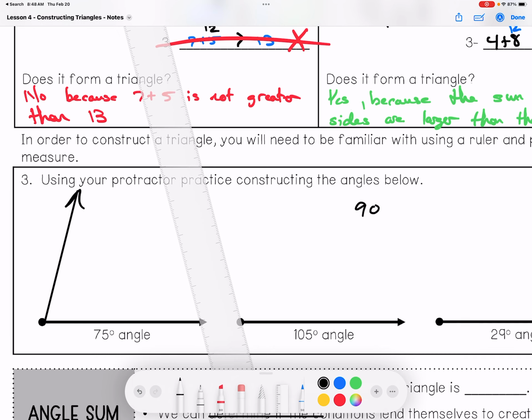What is 90 plus 15? It's 105. So I'm at 75 degrees right now. That is 15 away from 90. You agree with that? And then 15 plus 90 is 105.